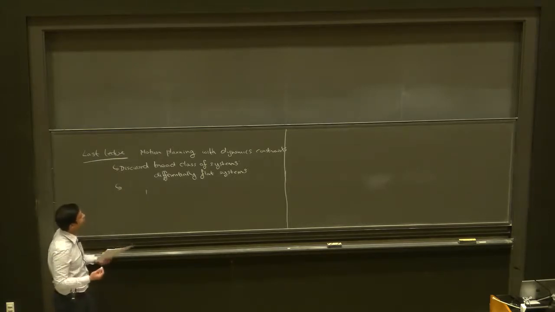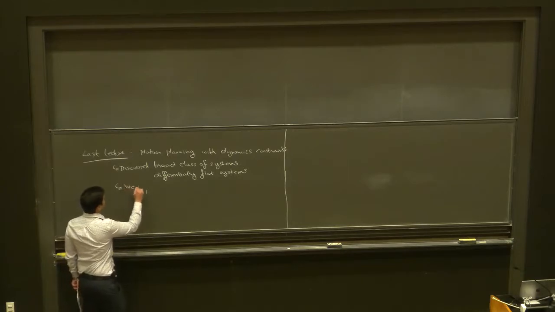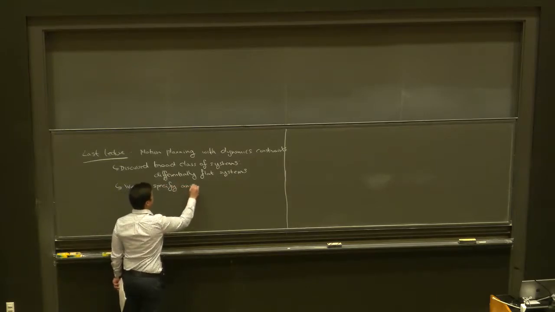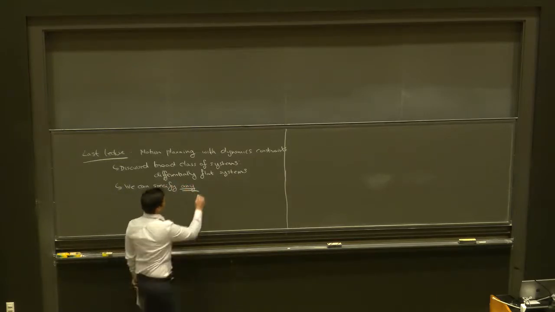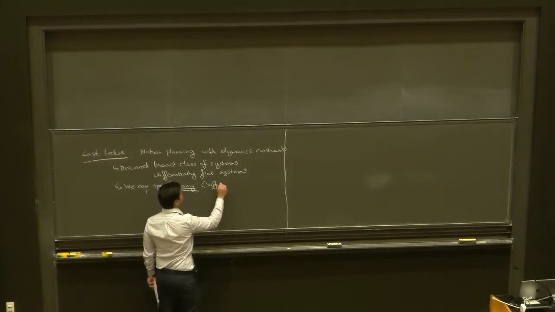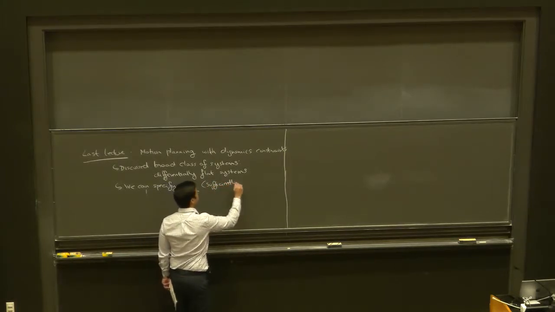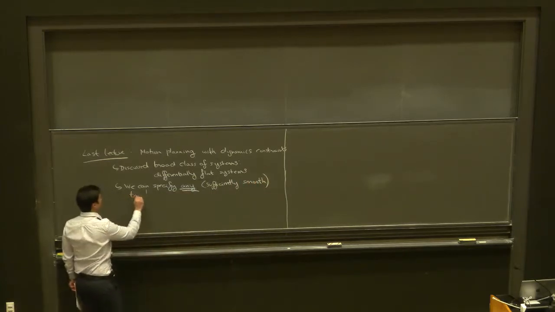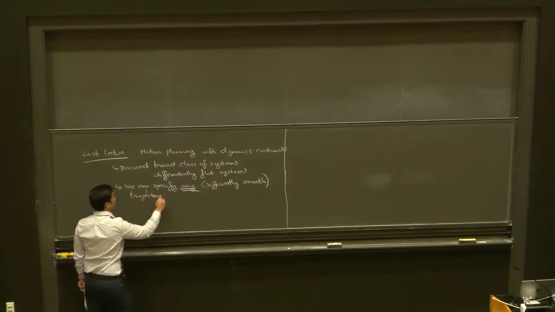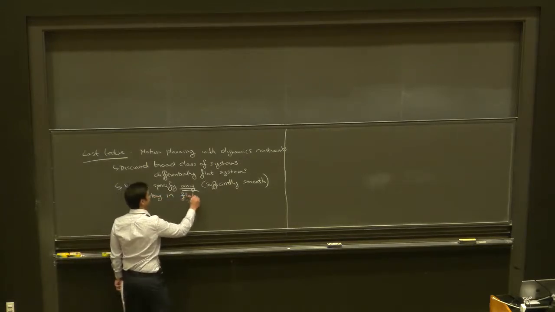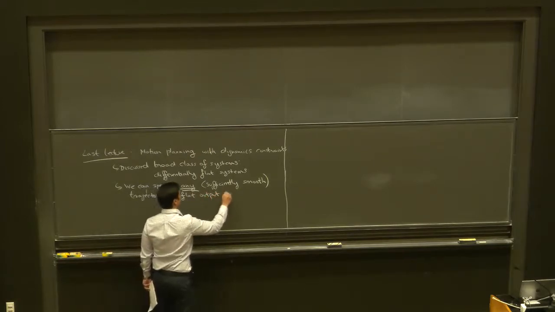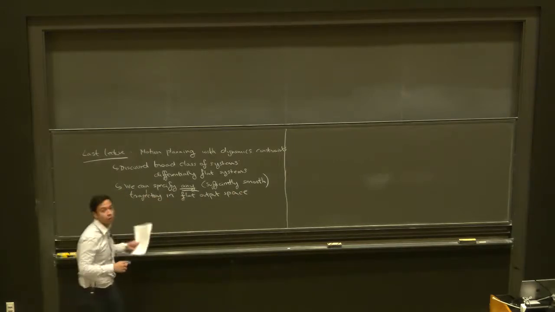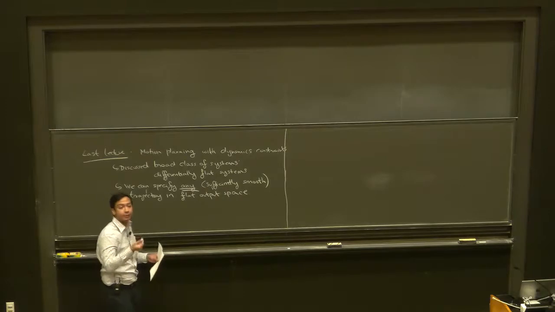What differential flatness allows you to do is specify any sufficiently smooth trajectory in the flat output space. Whatever the flat output space happens to be for your system, for the planar quadrotor this was the XY position of the center of mass.